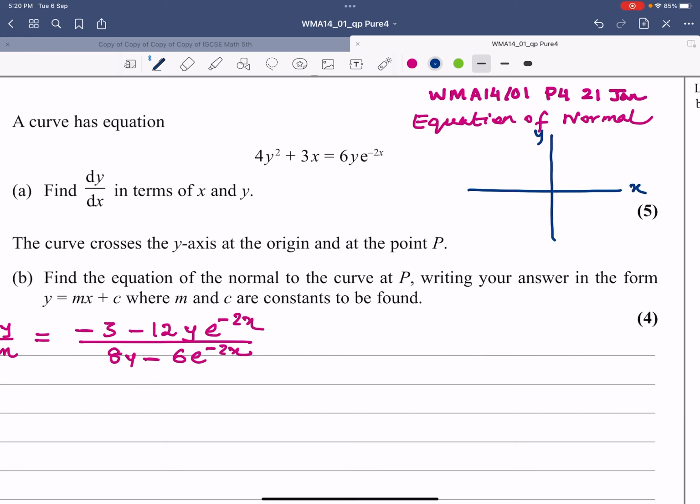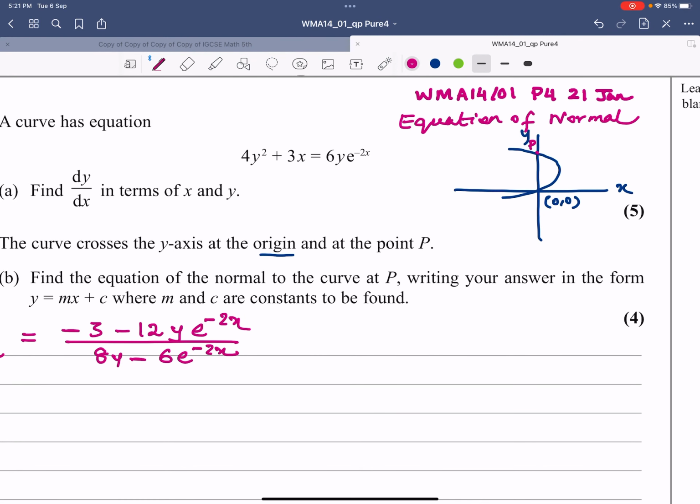So let's imagine a curve that is passing through the y-axis at two different points. One of them is the origin, so it's passing through 0, 0. And the other point where it's crossing the y-axis is at P. So let's assume that this point where the curve is passing the y-axis is P. So let's name this point as P here.